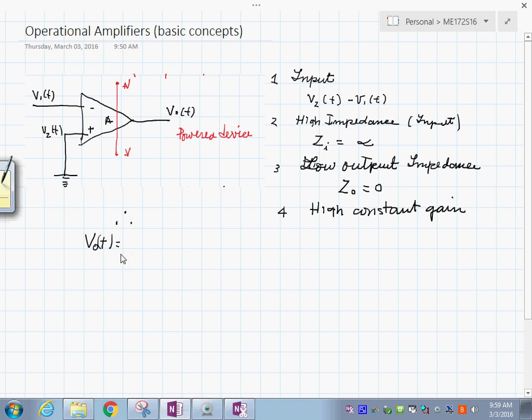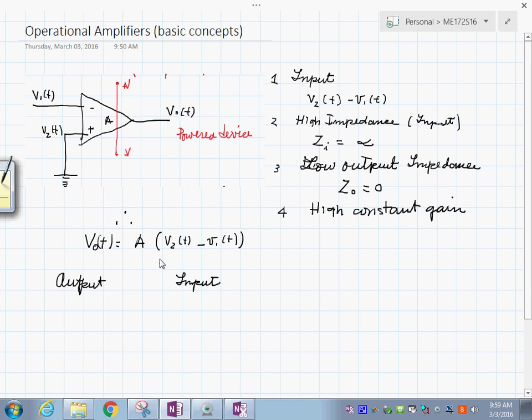So basically this is the output here, and this is the input. The way we read this equation is that this input multiplied by this gain produces this output.